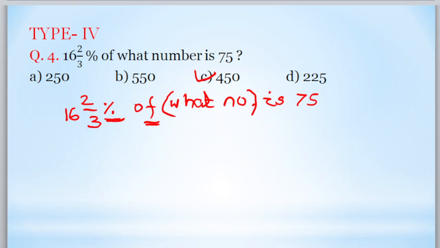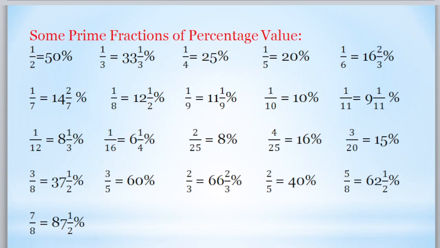Listen, in the last video I have given one chart. What is that chart? Some prime fractions of percentage value. In this chart, here look, 1 by 6 is equal to 16 whole 2 by 3%. That means instead of 16 whole 2 by 3%, we can write 1 by 6.